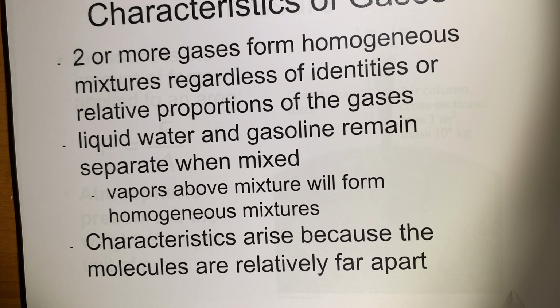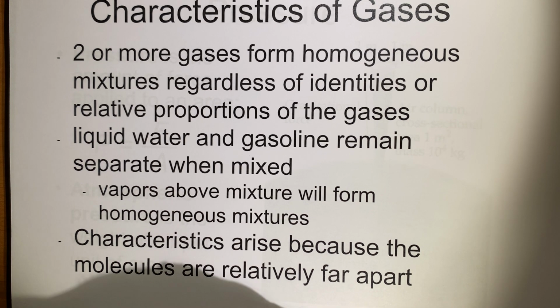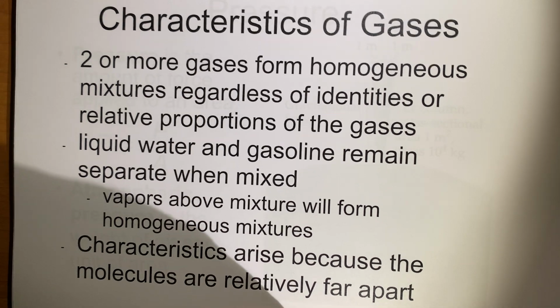And the reason why we can have water vapor and gas vapors create a homogeneous mixture is because the molecules themselves are relatively far apart. And so when we look at liquids, they're much more compact and closer together. But when we have all this, quote unquote, empty space between the molecules, they really don't interact a whole lot. So they are able to form these homogeneous mixtures.